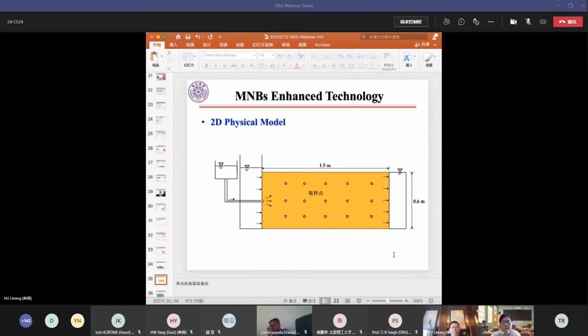We also did some physical model tests to study the movement characteristics of the micro nanobubbles. This has some animation, but I cannot show it.